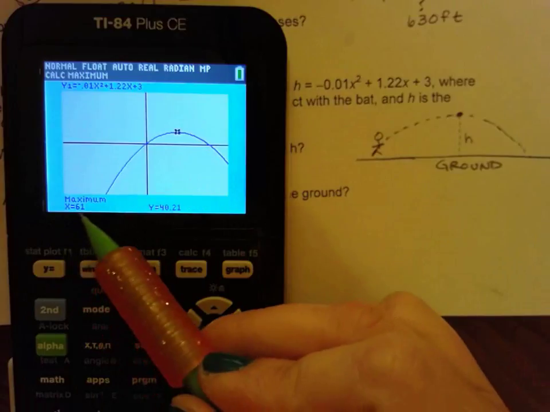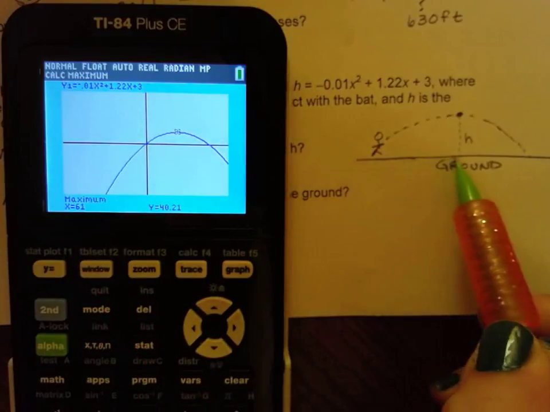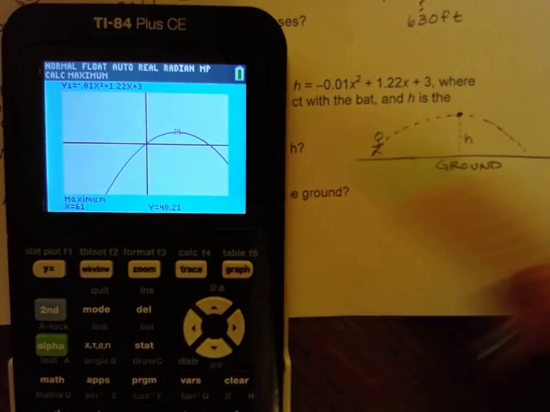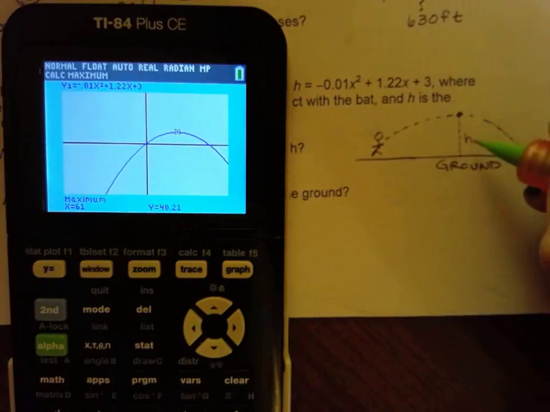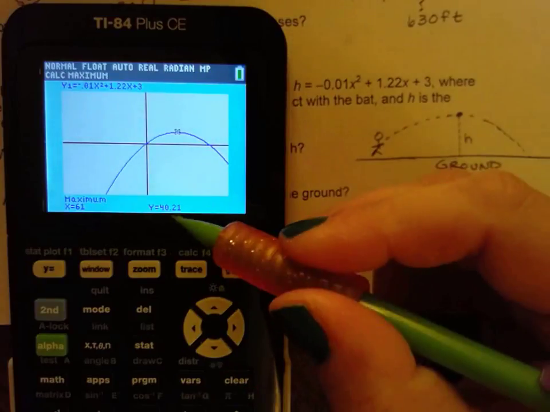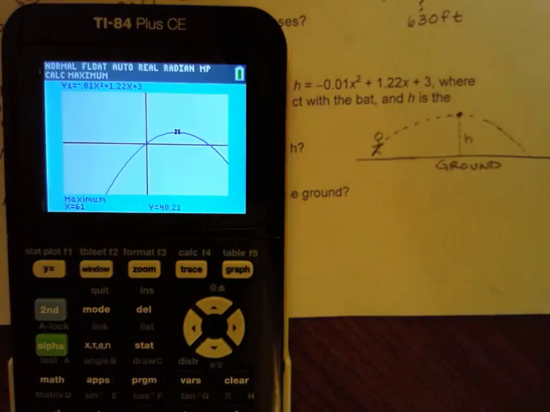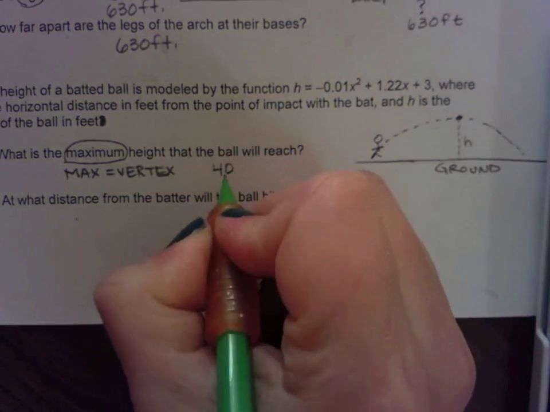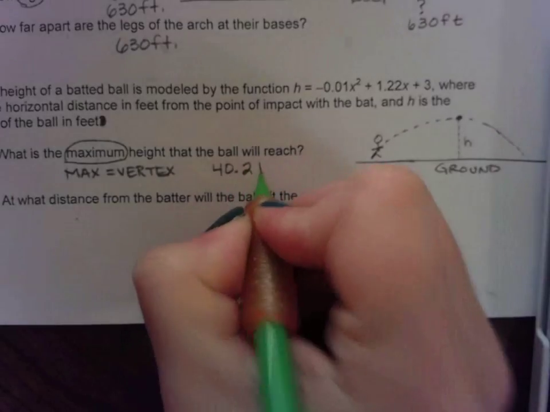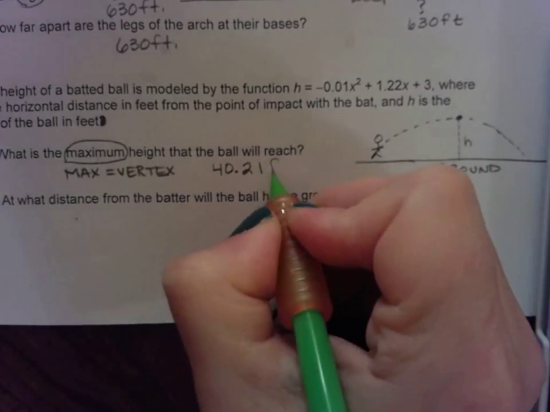The x is how far it goes out, and the y is how far it goes up. We want to know maximum height, so we want this y value right here. So your answer to part A is 40.21, and that is labeled in feet.